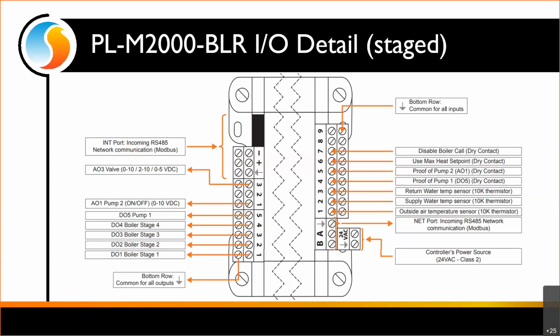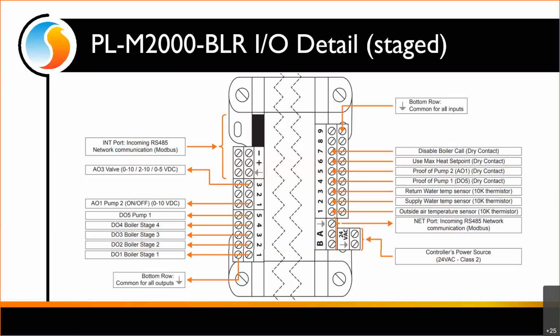Also have a couple extra inputs here. So on input 6, we have use max heat set point. So if you have something externally that you want to be able to request that we jump to our maximum target set point in the boiler, closing contacts on that will cause us to use the max heating set point as long as that contact is maintained.